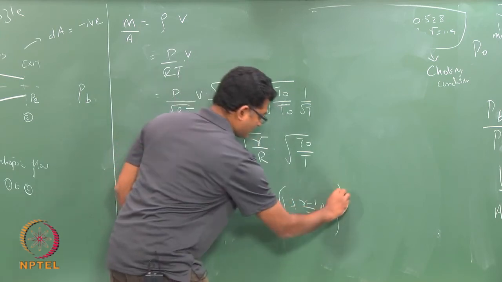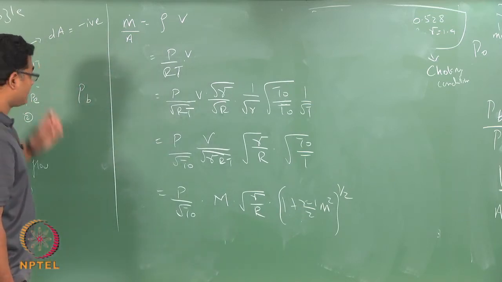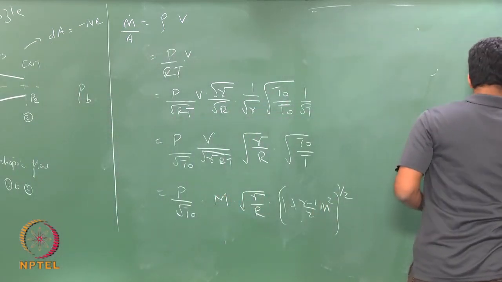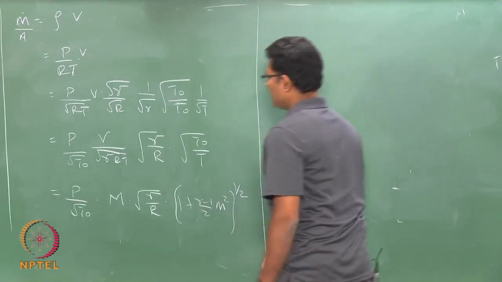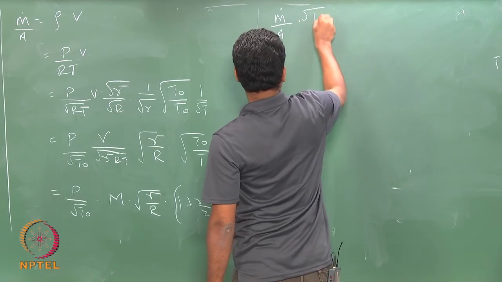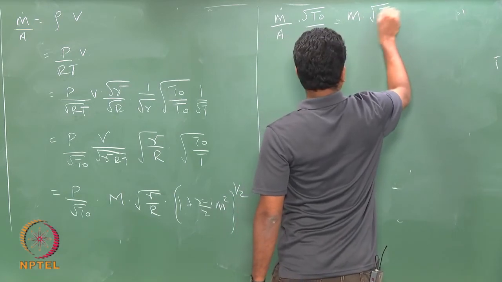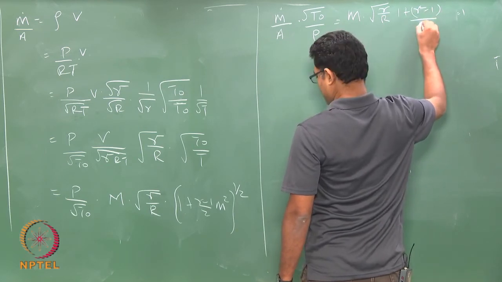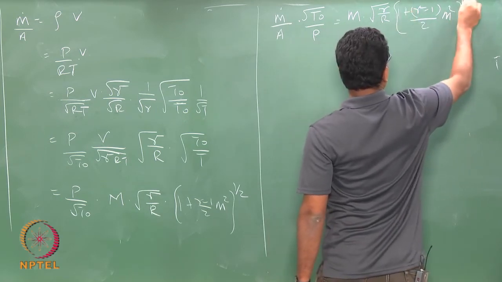Now there is a root here, so it will be the power 1 by 2. So my M dot by A into root T0 by P is nothing but M into root gamma by R into 1 plus gamma minus 1 by 2 M square to the power 1 by 2.